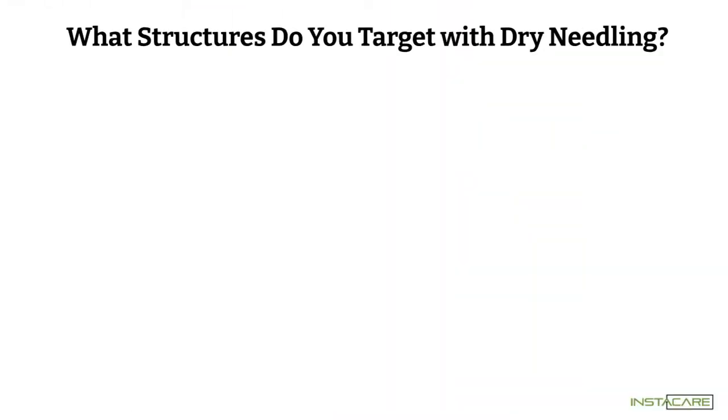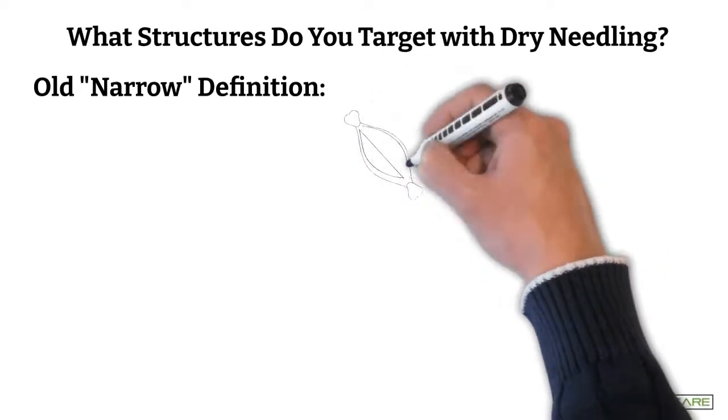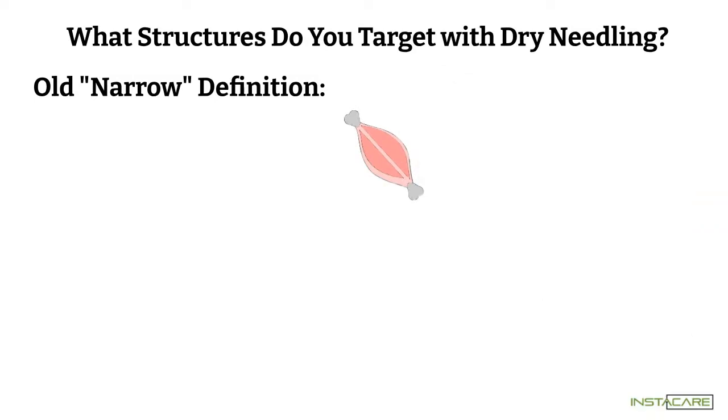So what structures do you target with dry needling? The old definition of dry needling refers to inserting needles as an intramuscular procedure, as in muscular trigger points. The newer definition includes muscular trigger points, but goes a step further.